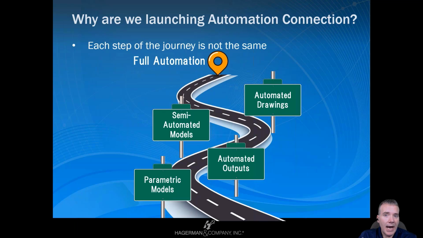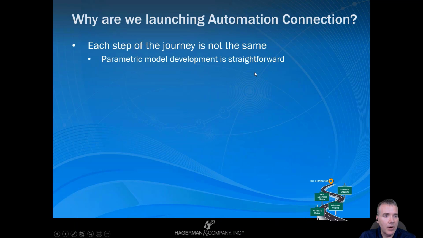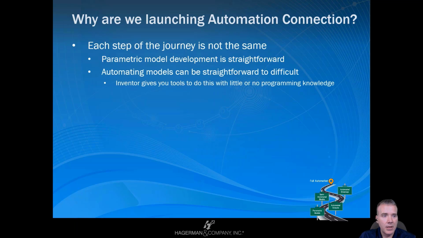And we're launching Automation Connection, like I said, because this journey we talked about before, that last step is the hardest one by far, right? It's relatively straightforward to do parametric models, in my opinion. Automating models can be straightforward. It could be difficult, right? But the key is Inventor gives you tools where you don't really need to be a programmer to make that happen. iLogic is a fantastic tool.